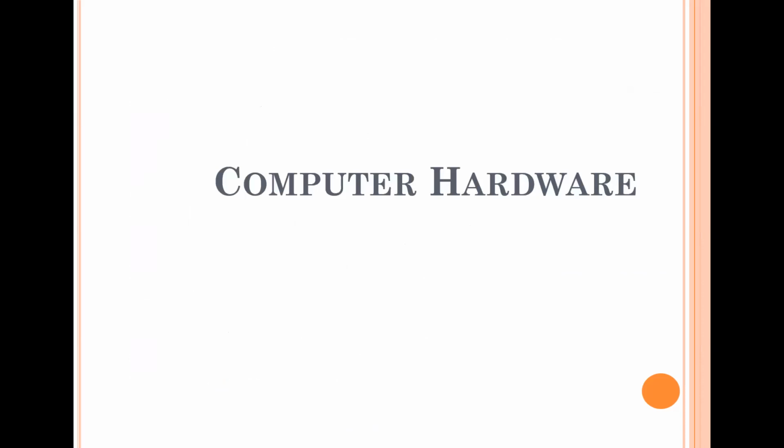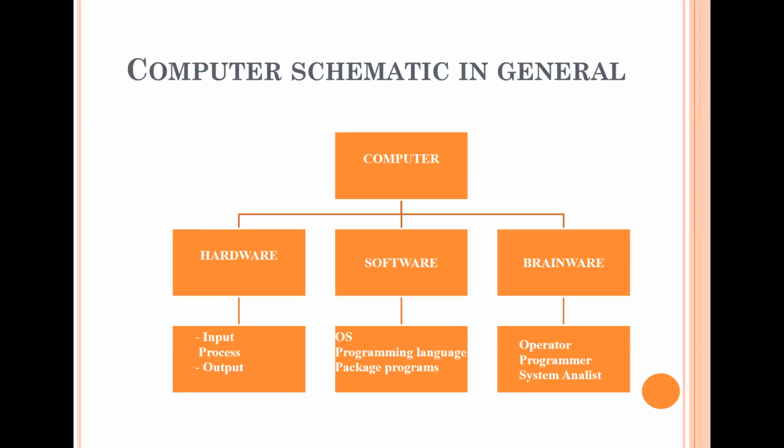Sorry, there's a duplicate slide. Okay, we continue with the computer hardware here. The computer hardware. We take a look from the semantics of the structure of the computer. Here we've got the computer. The computer here is divided into several components. There is hardware, software, and brainware.